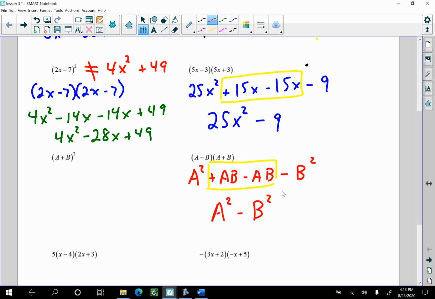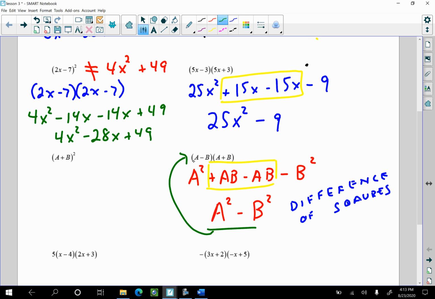This is what we call a difference of squares. And whenever you have a difference of squares, it factors to conjugates. So a squared minus b squared is a minus b times a plus b.